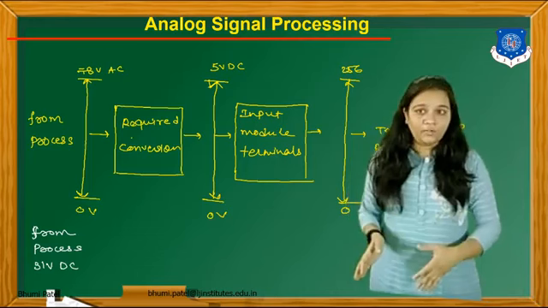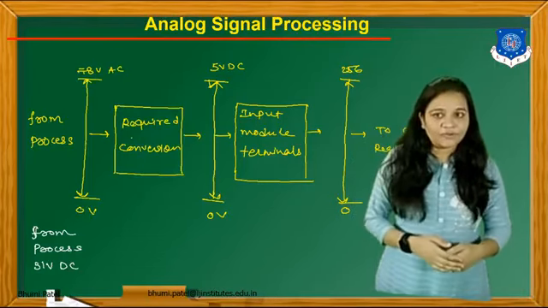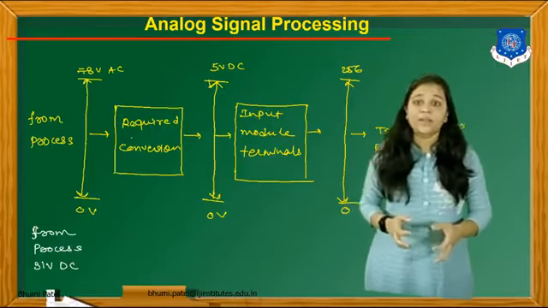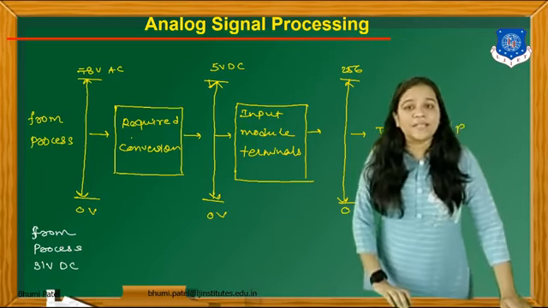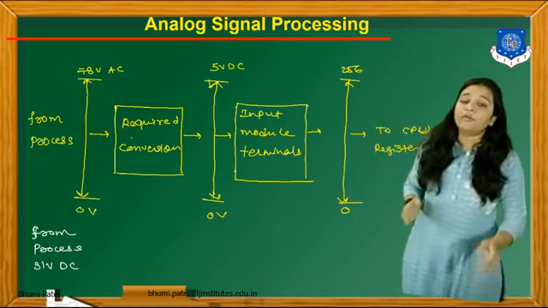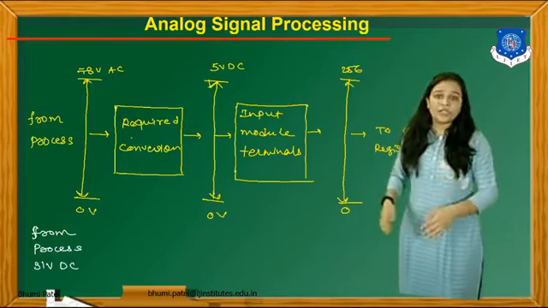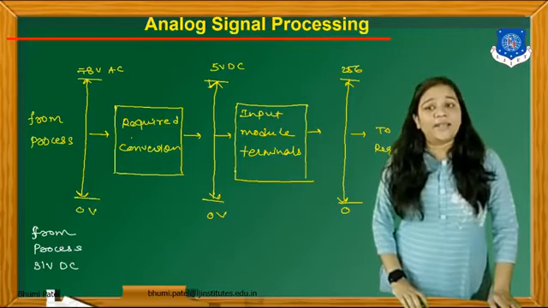We have to convert this AC voltage to the DC voltage using the required conversion. After that, we connect the input module terminal to the PLC hardware, and then we convert this 0 to 5 volt DC into 0 to 256 bit. Now it is very easy.